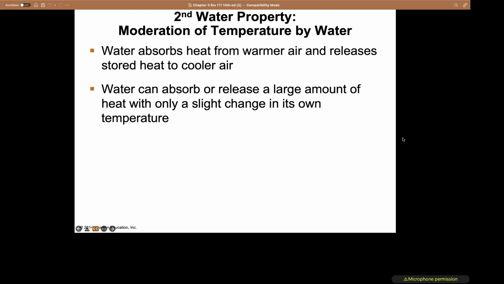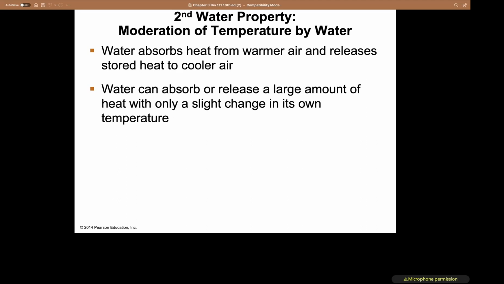So the second property of water is going to be the moderation of temperature by water. Water is special in that it can absorb lots of heat, but still withstand large changes in its own temperature. When we talk about heat, heat is a measurement of energy, okay?